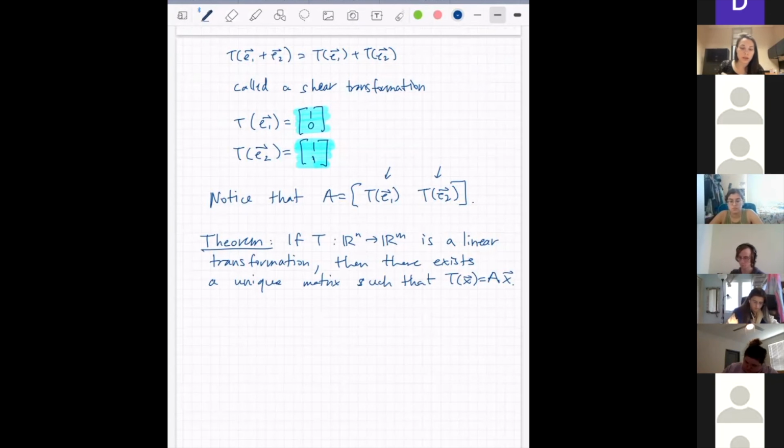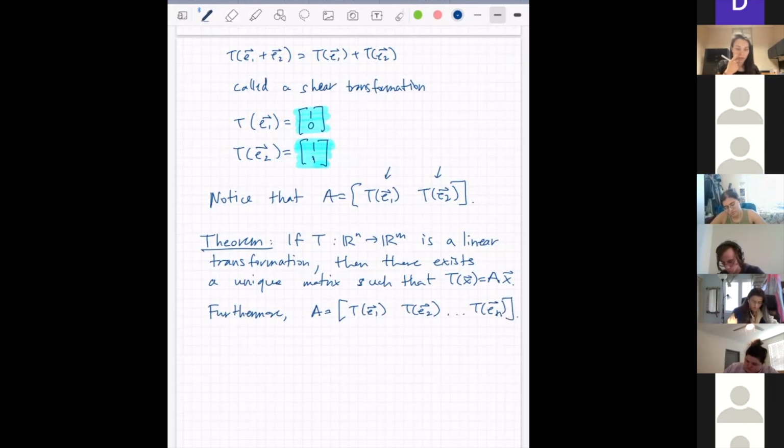T is equal to that matrix times X. Okay. And we know this because we will just form A by taking each of the columns to be T applied to those unit vectors. This would be N.